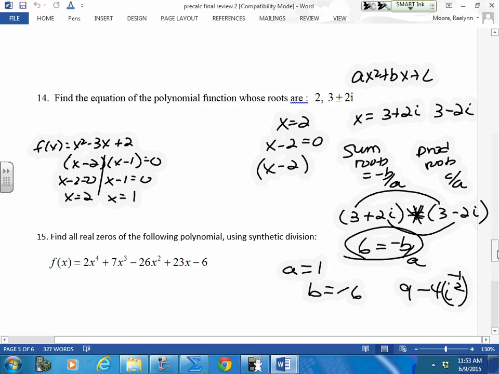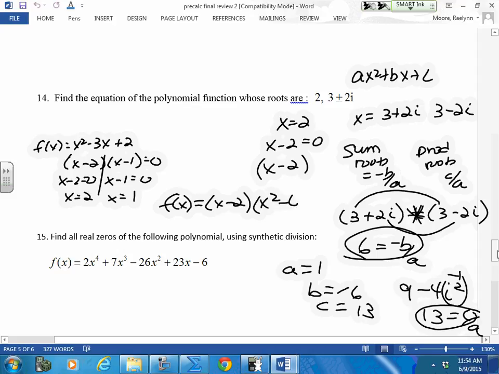So this becomes 9 plus 4, 13. c over a. Therefore, what's c? 13. So now, I've got my equation. I have this factor, and I got this quadratic that I had to use the quadratic formula on. And there's your function. And you can leave it in factored form.